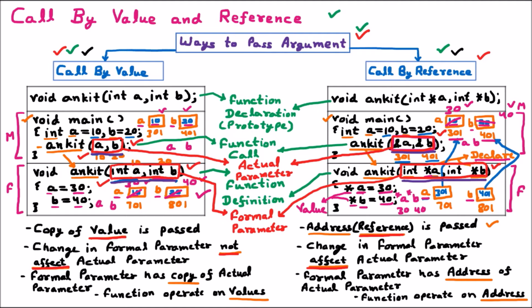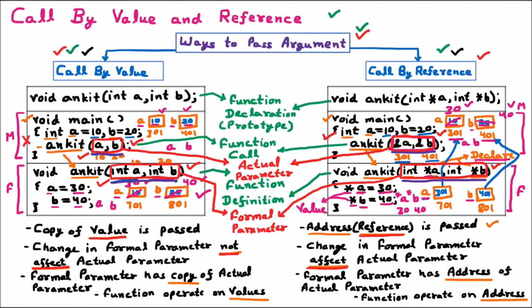If the function changes something in call by value, that effect does not come into the main program. But in call by reference, if the function changes something, that effect will also affect the calling program, the main program, or the actual parameter.